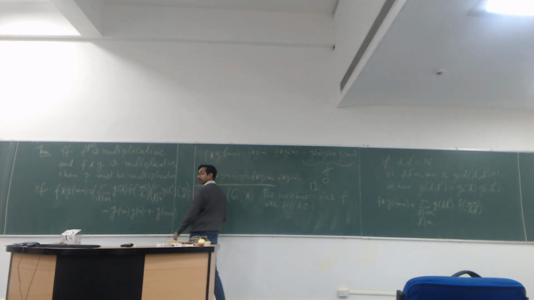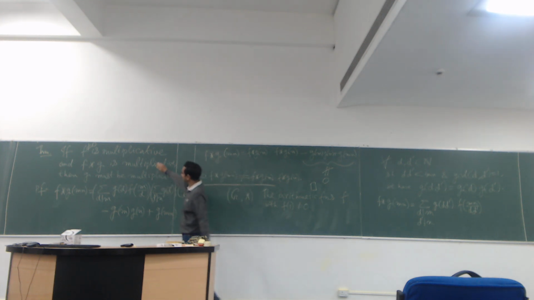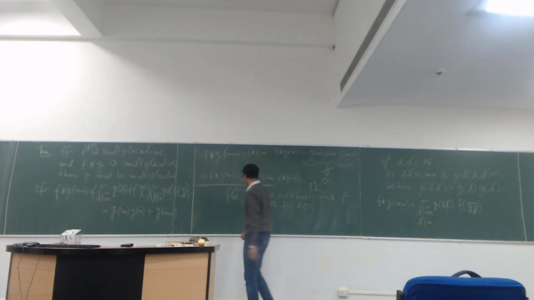Then what? This g1 is not zero, because you were assuming g1 is not zero. Well, here we are just assuming that it is a multiplicative function. For this inverse, let's first define what it is.